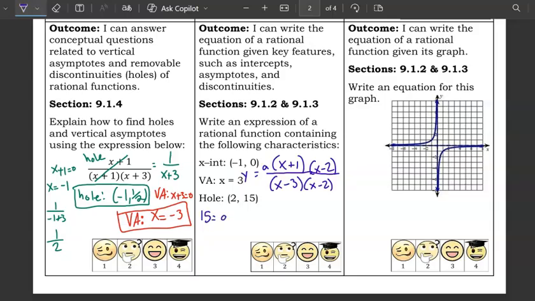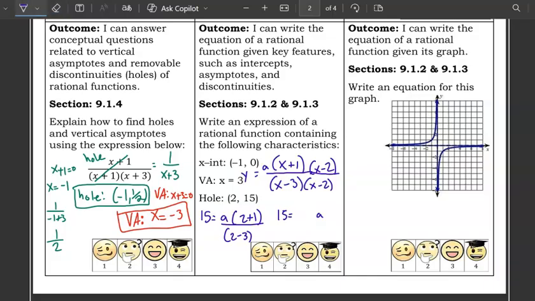15 equals a times (2 plus 1) over (2 minus 3). 15 equals 3 over -1 times a. 3 over -1 is the same thing as -3. Divide each side by -3.